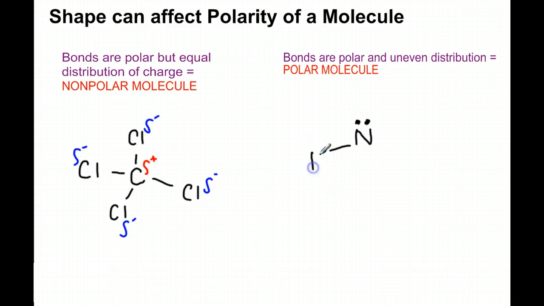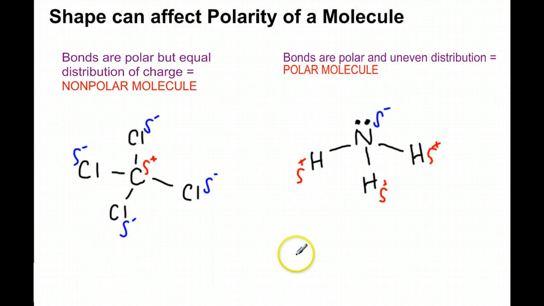bonded with our 3 hydrogens, we end up seeing that nitrogen has a partial negative charge, and these 3 hydrogens have a partial positive charge. Now, in this example, the surrounding elements cancel the central one out. But remember the VSEPR theory, these 2 electrons push these bonds down a little bit.